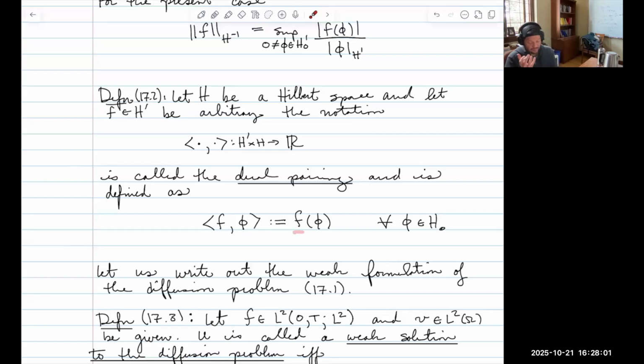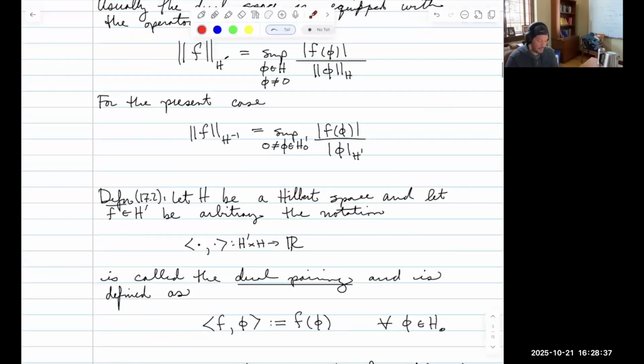F is a function from the dual space, phi is a function from the Hilbert space, so this is a real number. Remember, functionals are linear and bounded, and they take H into R. That's what a functional does. But if it's in H prime, then it means it's a continuous, or bounded, function, and it's a linear function. So we call it a bounded linear functional.